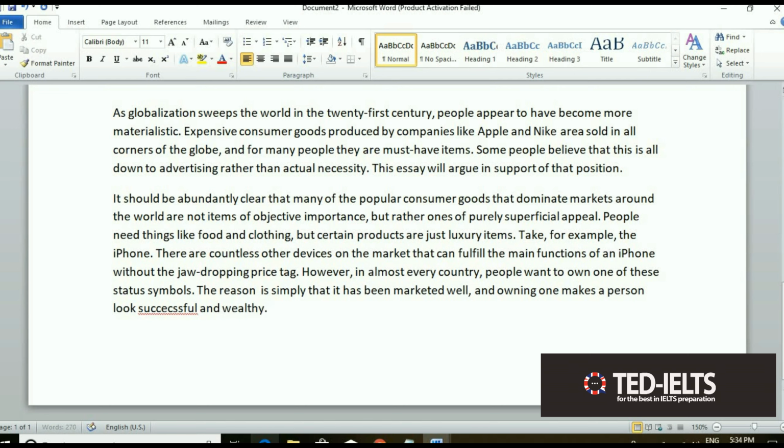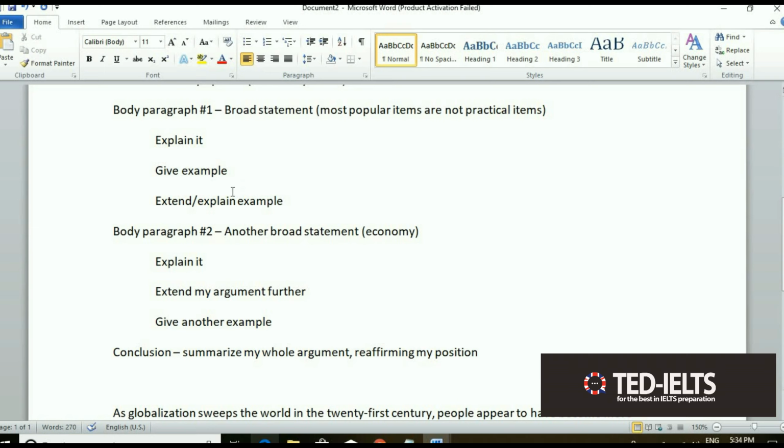Oh no. You can see I make a lot of mistakes when I type. These are called typos. So this is my second paragraph, or the first body paragraph, and you can see it loosely conforms to this structure here. Broad statement, explaining example, and extend or explain example.